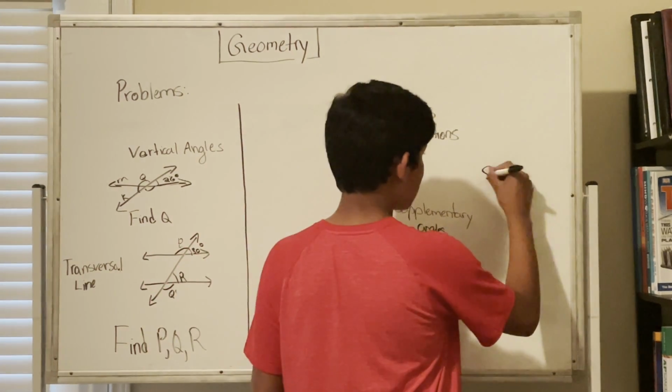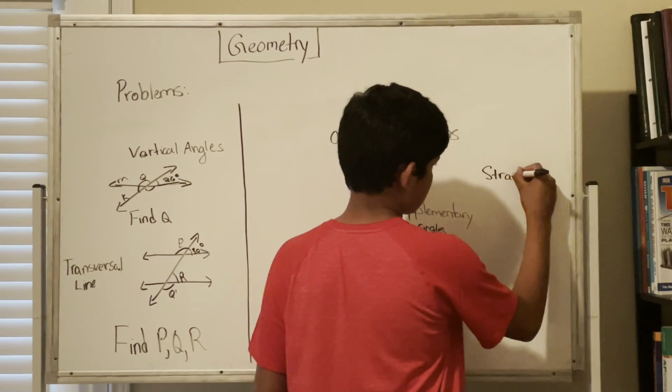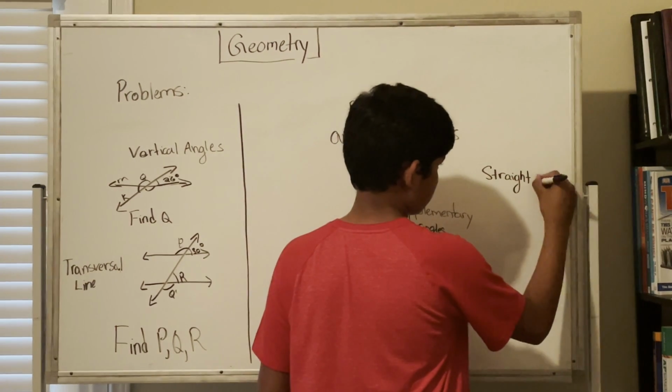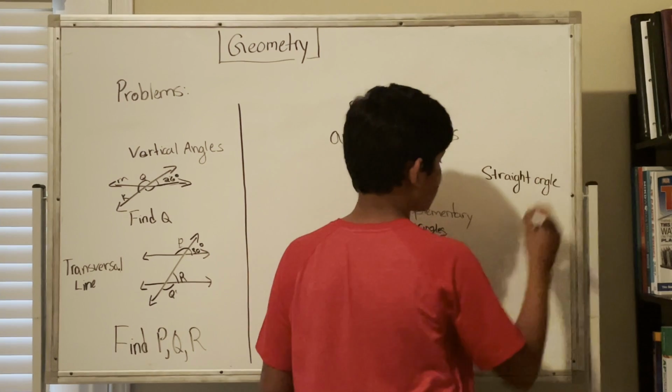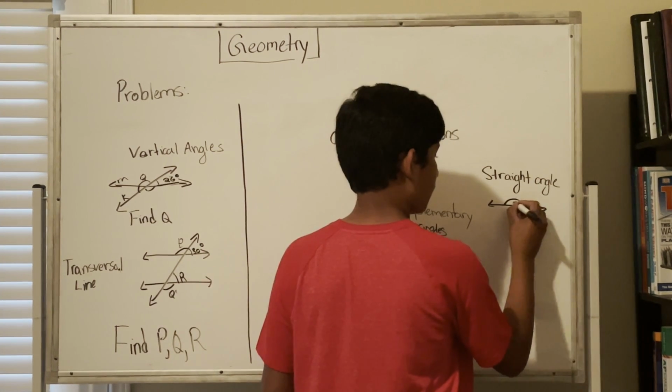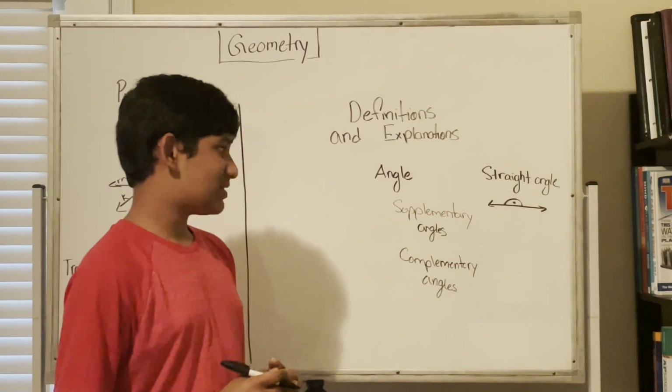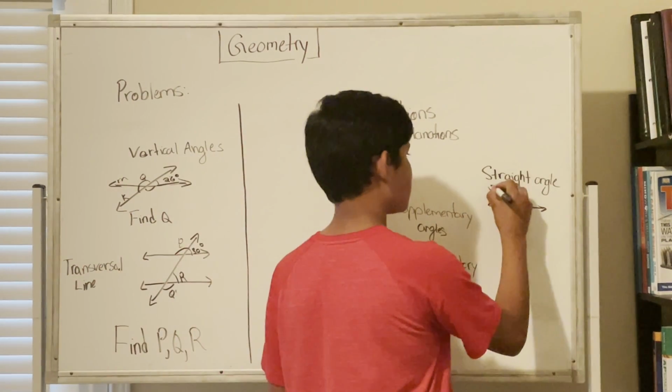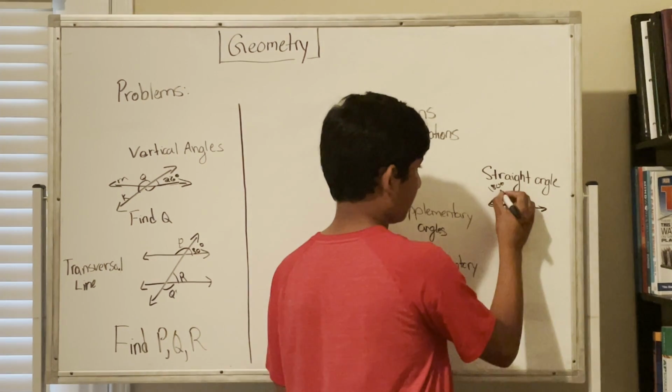So we have to realize what a straight angle is. A straight angle is just when we have 180 degrees like this. It's just a horizontal line over here.